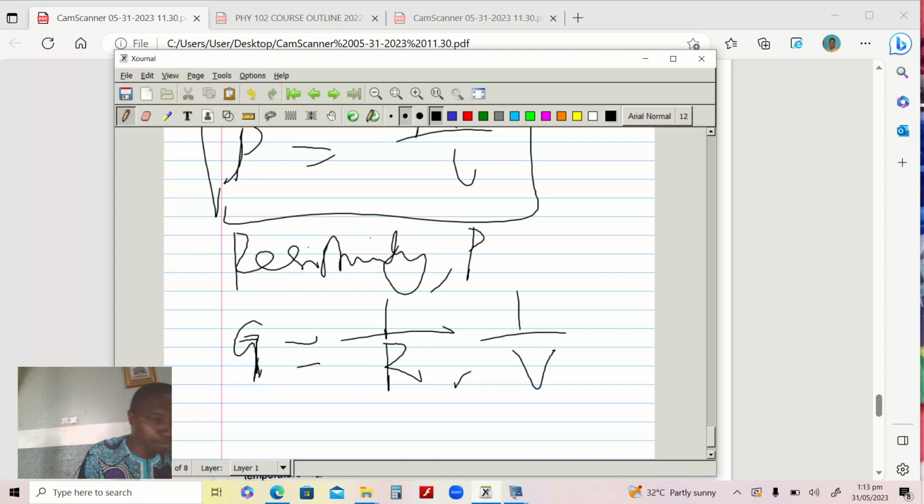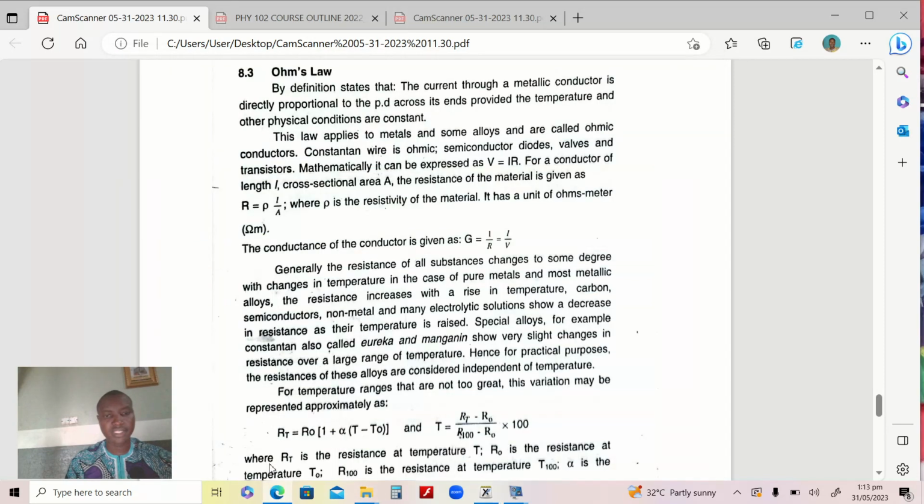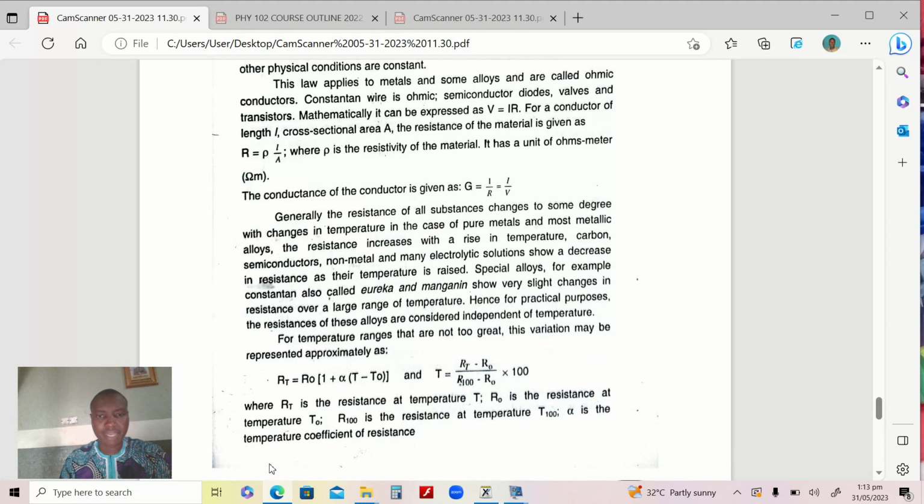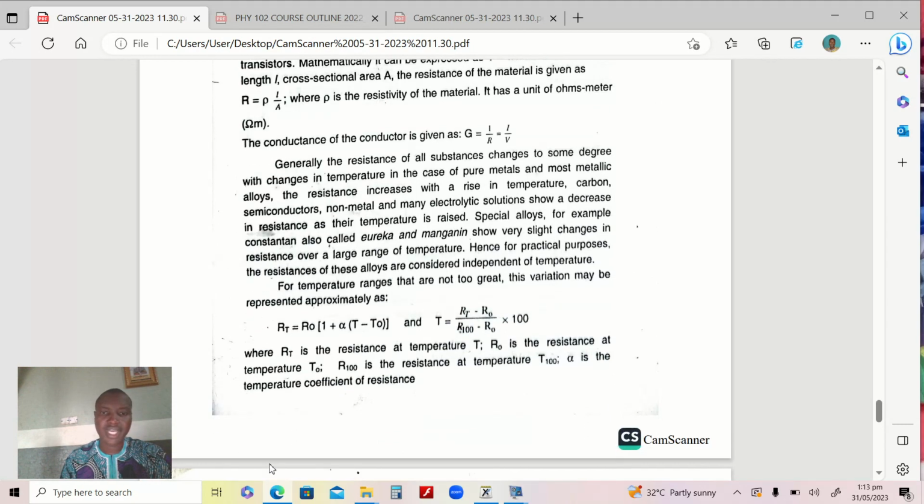Let's quickly run through this. It says generally the resistance of all substances changes to some degree with changes in temperature. In the case of pure metals and most metallic alloys, the resistance increases with a rise in temperature. Carbon, semiconductors, non-metals, and many electrolyte solutions show a decrease in resistance as their temperature is raised.